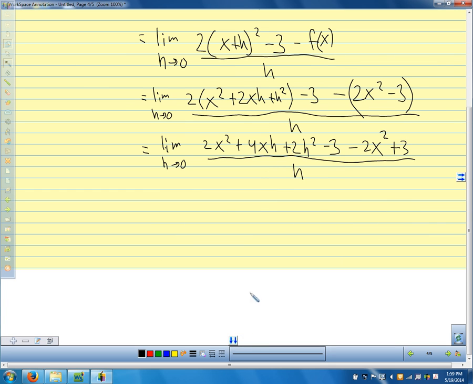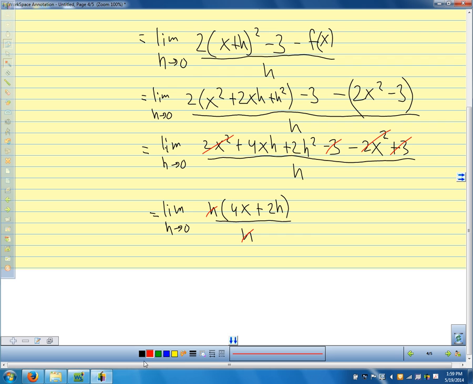Well, now I have a lot of things that cancel. So I get a 2x squared here, and I get a minus 2x squared there. I get a minus 3 and a plus 3. So this turns into the limit as h approaches 0. I'm going to factor an h out of this. So I get h times (4x plus 2h) over h, and we're almost done.